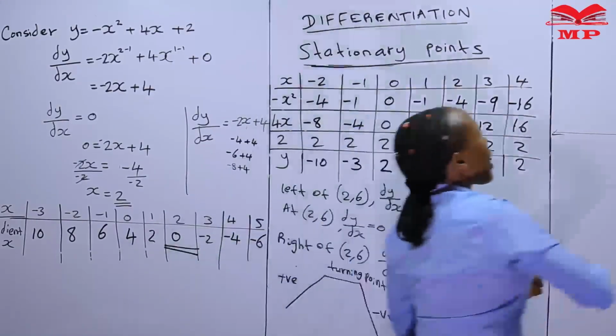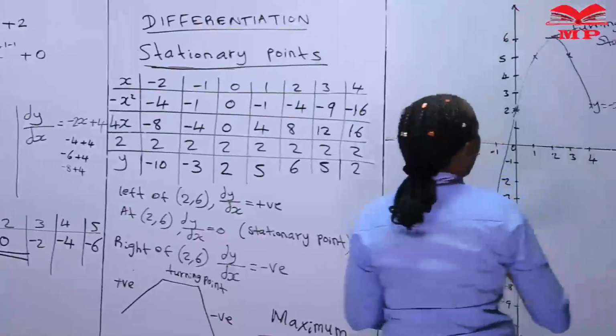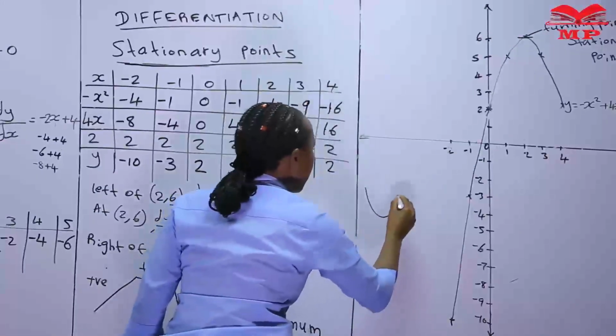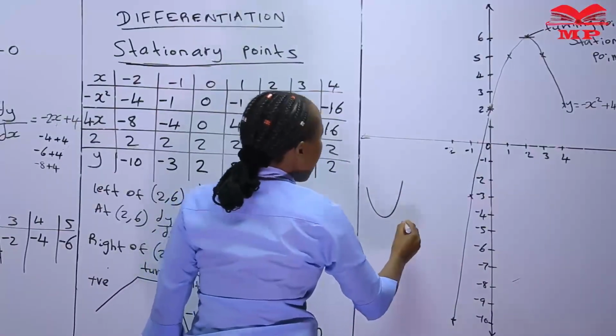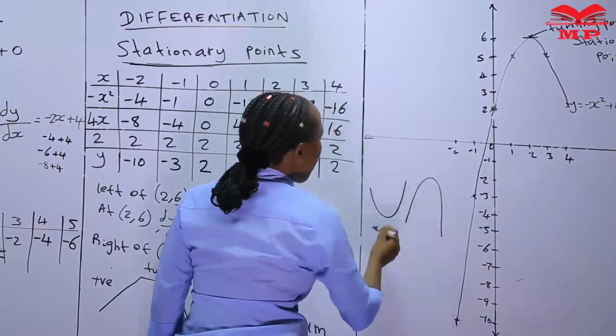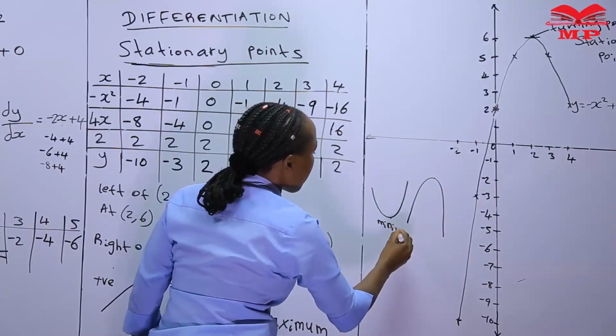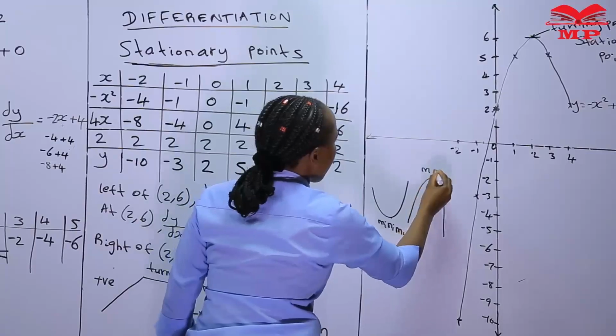So you can see clearly, here we have the maximum. In the other case, we had this kind. This was the minimum, and this one is our maximum.